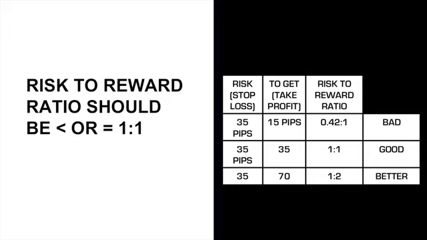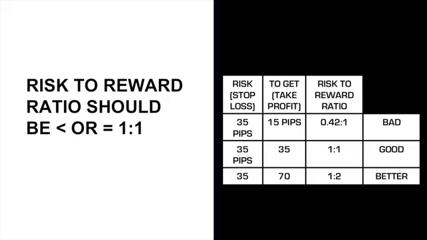Perfect. That's even better. Now, let me go ahead and say this. Be very careful, because a lot of times you want a nice high risk to reward ratio. So you're like, okay, this trade, I'll risk 35 to get 200. But guys, that trade only moves like 35 pips at a time. So don't fool yourself into thinking you're increasing your risk to reward ratio when you really know that thing only moves like 35 pips.